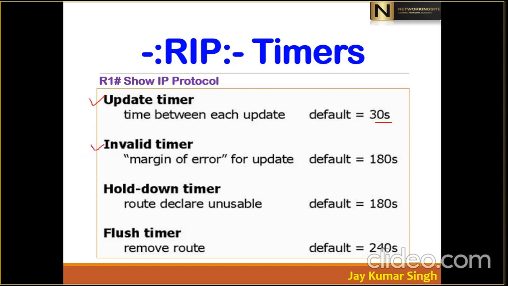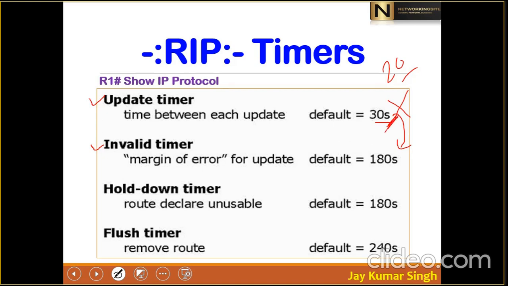Now, what is invalid? Suppose router R1 has given information about 20 networks to R2. But due to some problem with the cable or something, R1 is not able to send the second update within that 30 seconds.